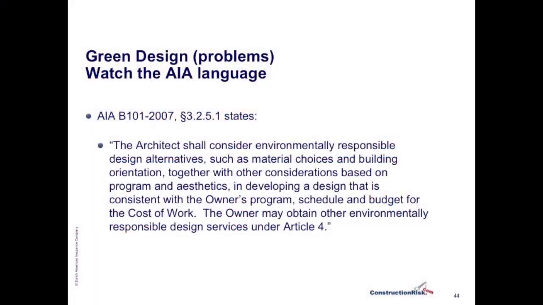And it states in pertinent part as follows, quote, "The architect shall consider environmentally responsible design alternatives, such as material choices and building orientation, together with other considerations based on program and aesthetics, in developing a design that is consistent with the owner's program, schedule, and budget for the cost of the work. The owner may obtain other environmentally responsible design services under Article 4."